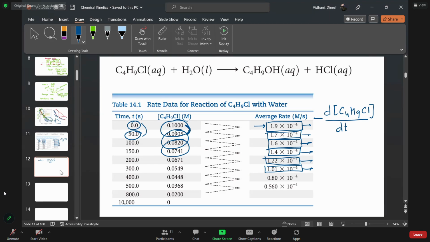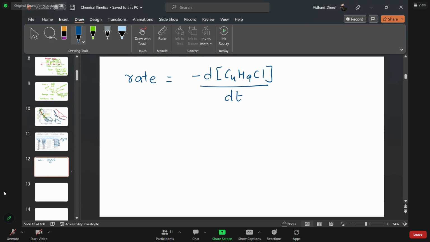So they will go hand in hand. So this rate is exactly equal to the rate of formation of my product. And see, that one is positive. Why is it positive? Because you are generating more and more product. So the final concentration is always going to be greater than the initial concentration. That's why that sign is always positive.